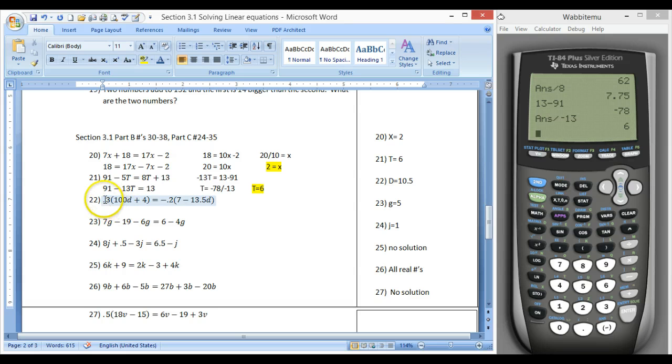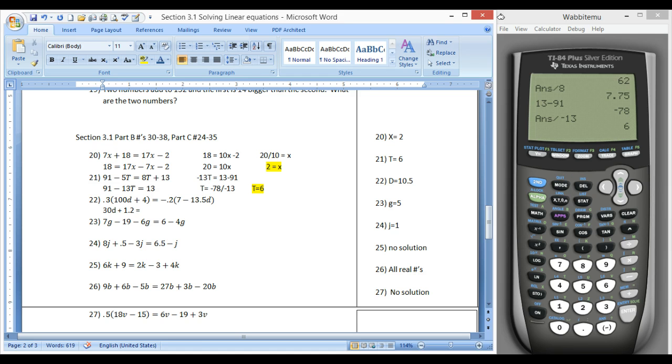So I'm going to do 0.3 times 100d. 100 is a multiple of 10, which just moves the decimal over 2 times. So that makes it 30d. Then 0.3 times 4 is 12. Move the decimal point over, it's 1.2.